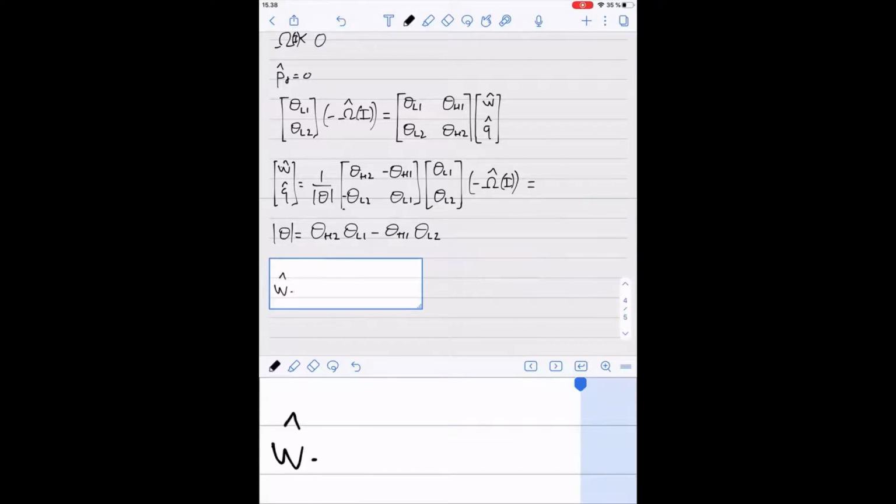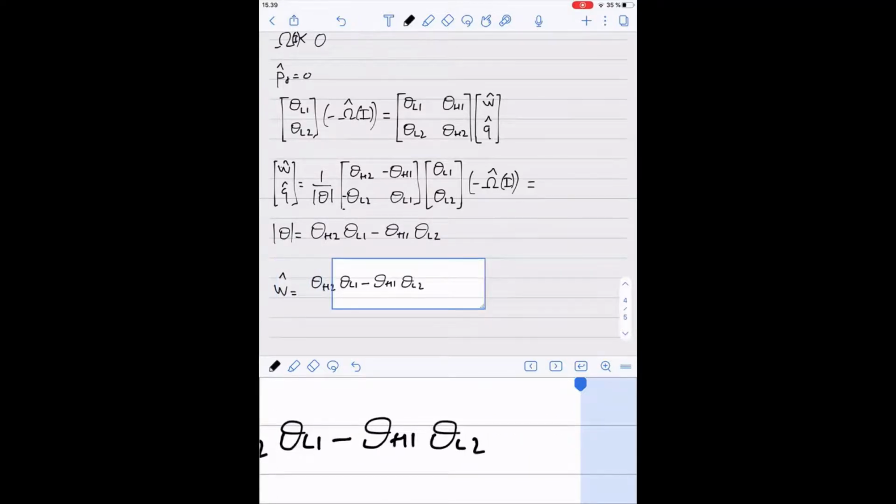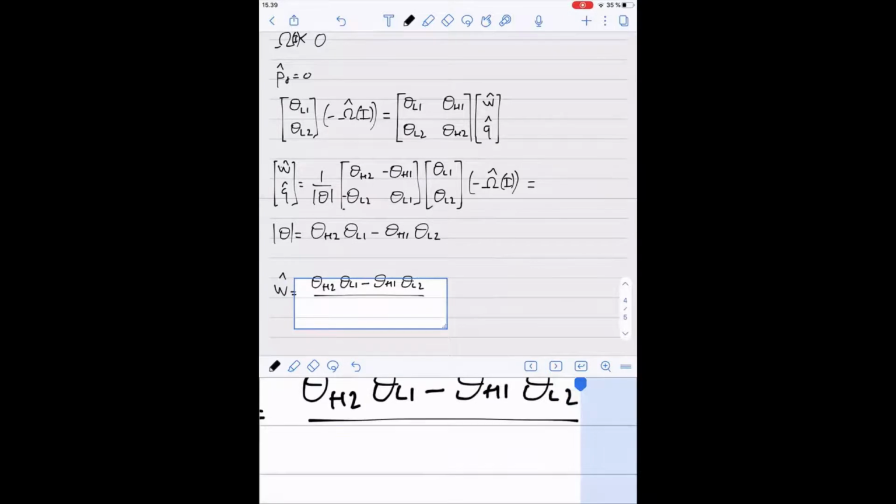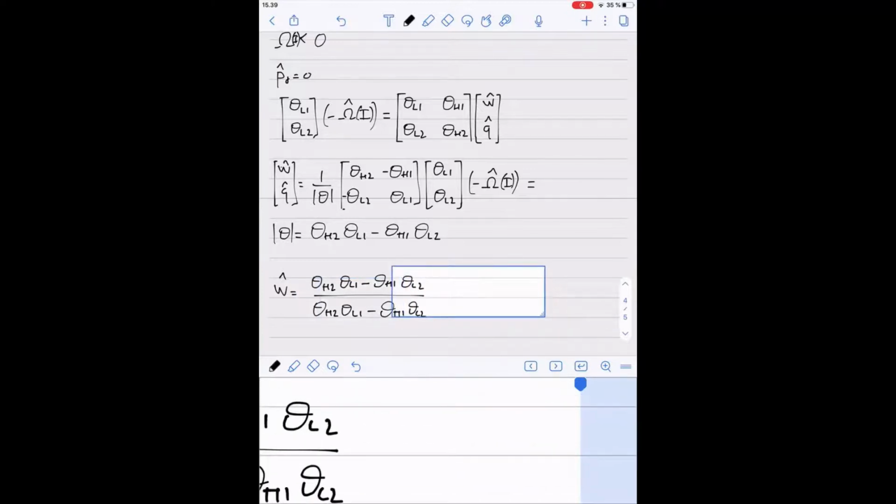So W hat equals theta H2 times theta L1 minus theta H1 theta L2, divided by the determinant, which is exactly the same thing, and this multiplies minus omega hat of capital I. And so what is this equal to?